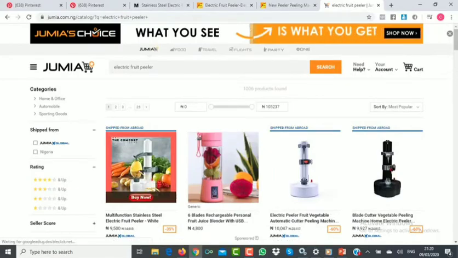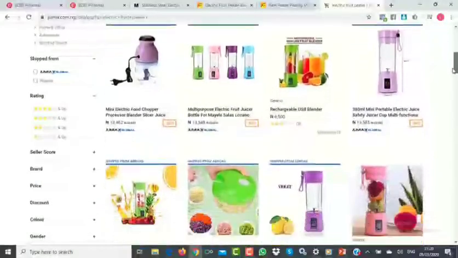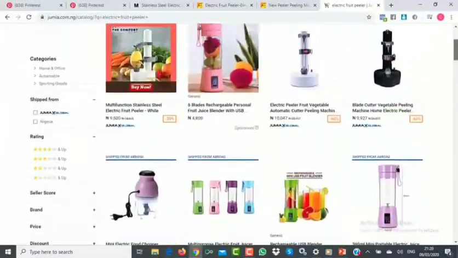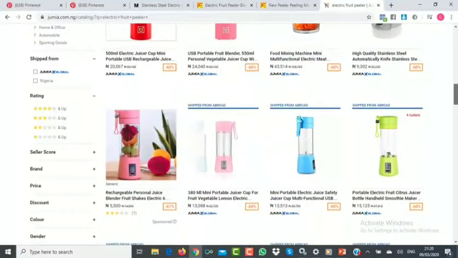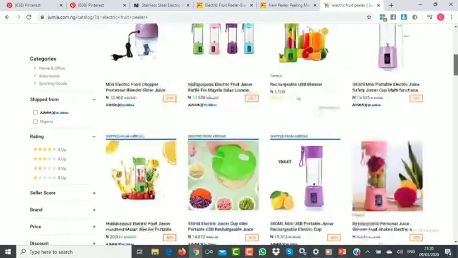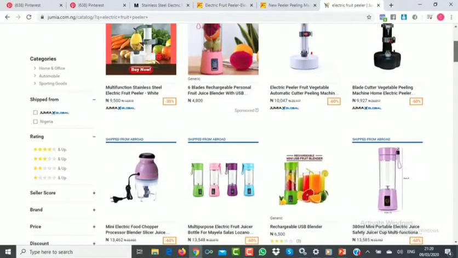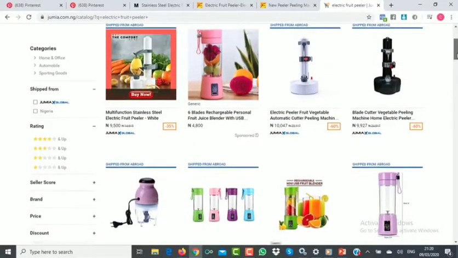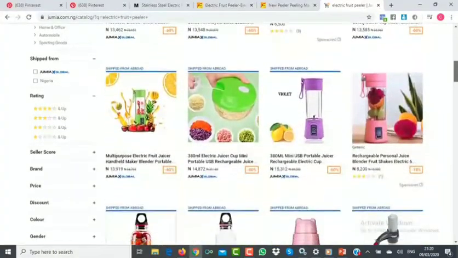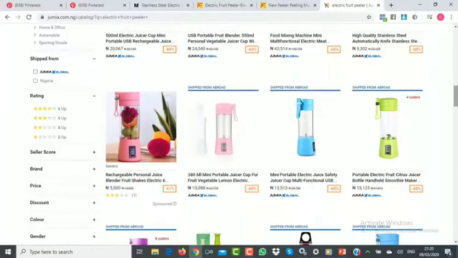Yes, it's actually everywhere. It's practically everywhere. And then they're selling it for 9,000. They're selling it for 10,000, which means that people are still selling at a very good price, which means it's not really that bad to bring it in.